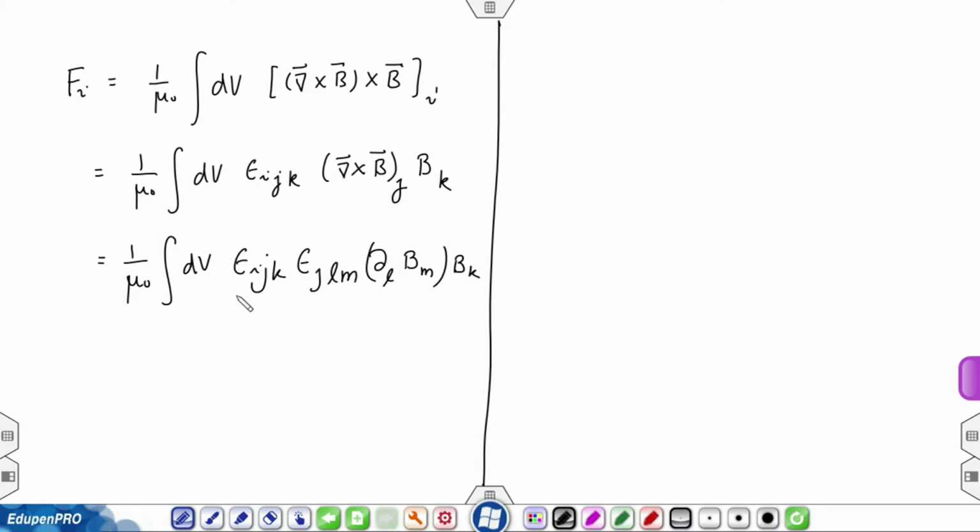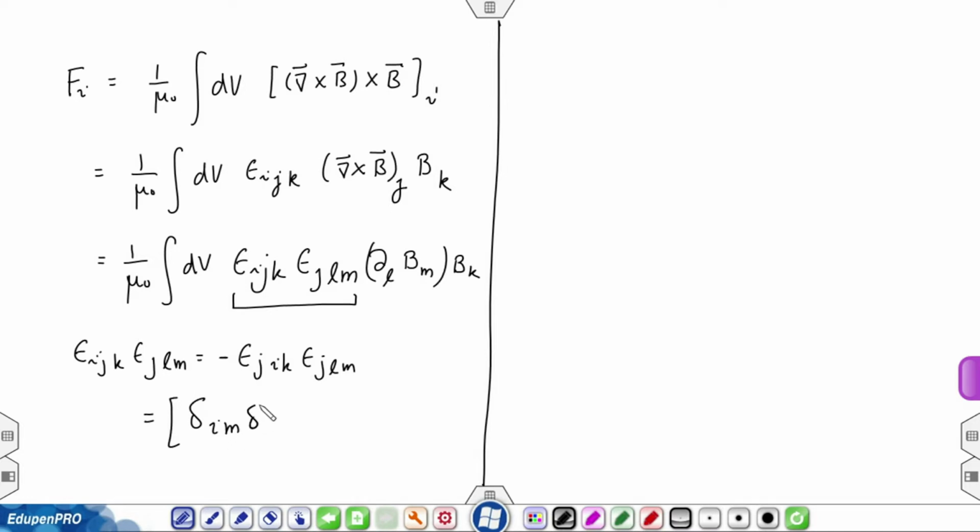And now, I will use this identity where I am going to write epsilon_ijk epsilon_jlm as epsilon_jik epsilon_jlm with a minus sign in front, which will be equal to delta_im delta_kl minus delta_il delta_km.